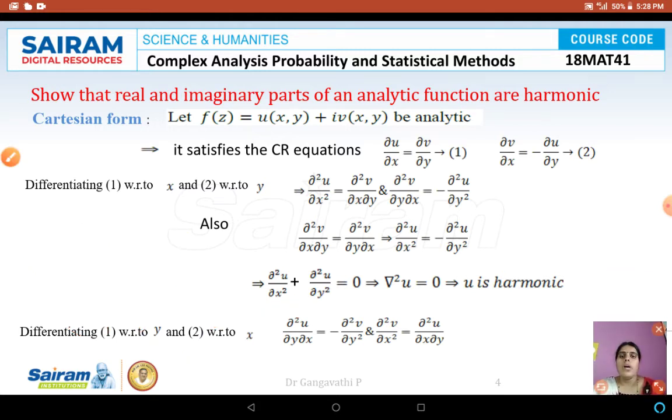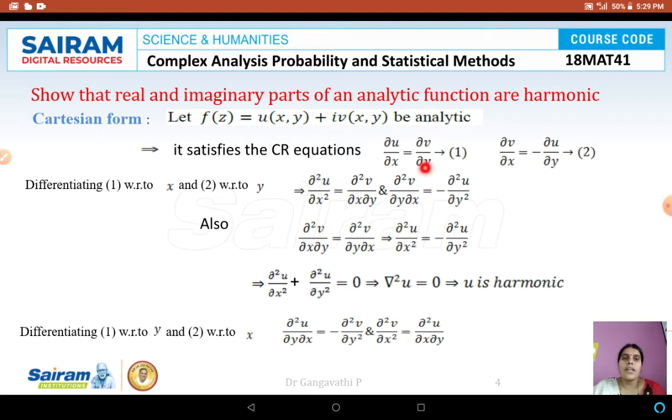Okay, so in order to prove this result, let us consider f of z, which is u of x, y plus i into v of x, y, to be an analytic function. Let us consider that this is an analytic function, and it satisfies the CR equations. Once we say the function is analytic, then it must satisfy the CR equations. So what are the CR equations in Cartesian form? That is ∂u/∂x is equal to ∂v/∂y, and ∂v/∂x is equal to minus ∂u/∂y.